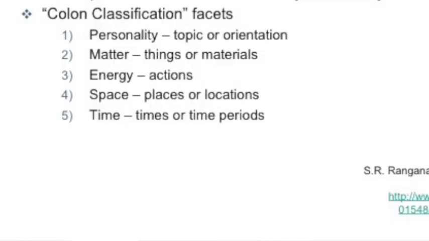That an item has some sort of personality, and to him, personality meant topic or orientation. That it also might relate to things or matter, or materials if we're talking about objects. Energy would be actions, so techniques and methods. Space would be places and locations, and time would be time and time periods.